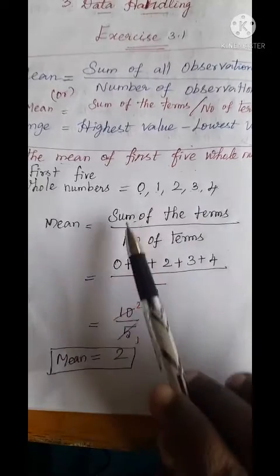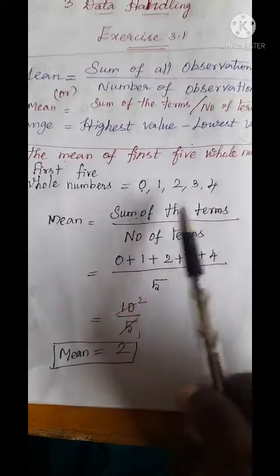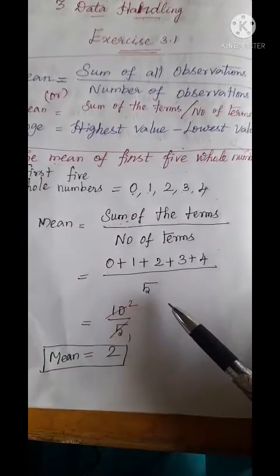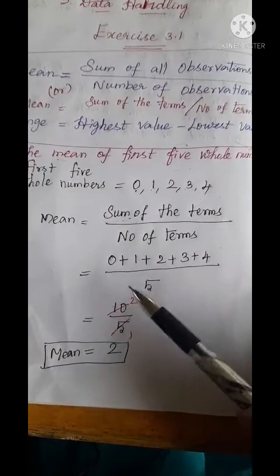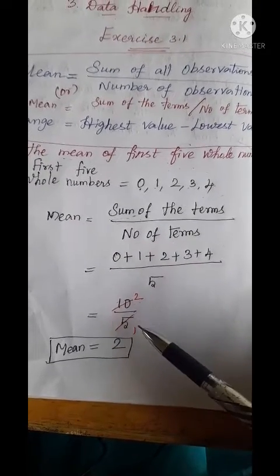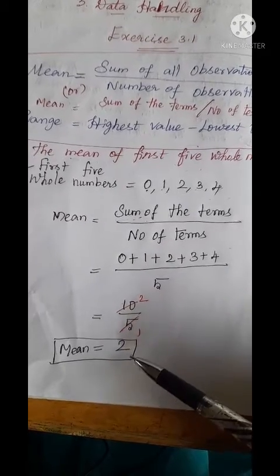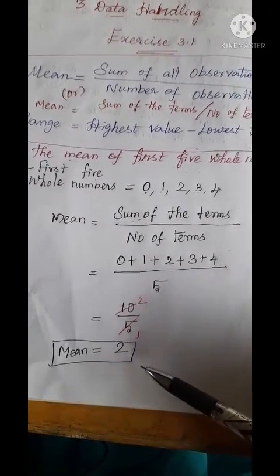You need to add the numbers and divide by how many terms there are. When you add, you get the answer as 10. 10 divided by 5, if you simplify, you get the answer 2. So the mean answer is 2.